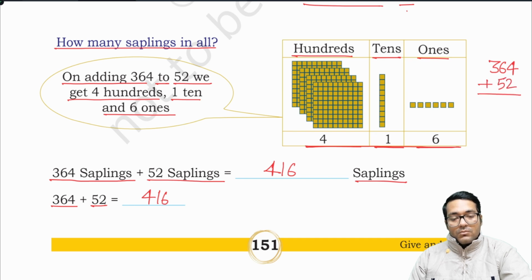Ones are added to ones, tens to tens, and hundreds to hundreds. 4 and 2, 6. 6 and 5, 11. 1 is written here, and the ten is written above 3. 3 and 1, 4. 416.